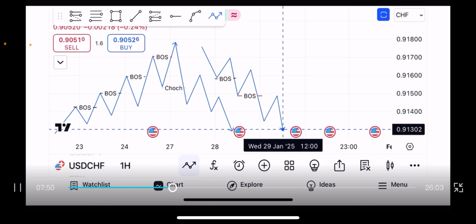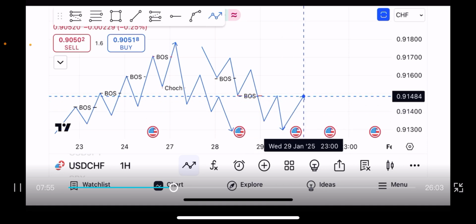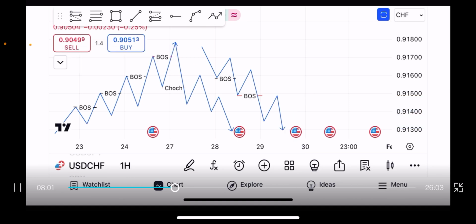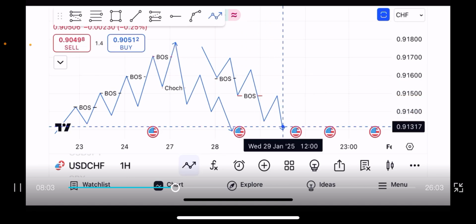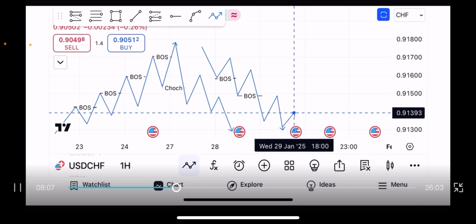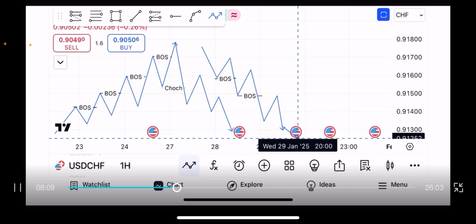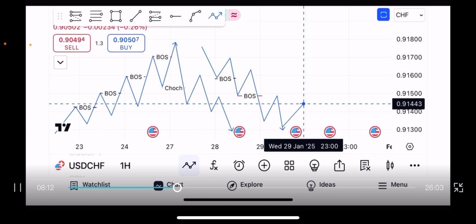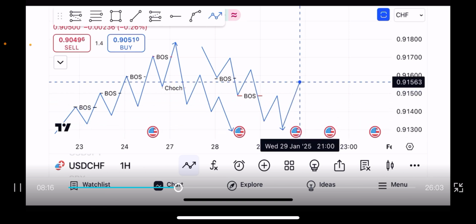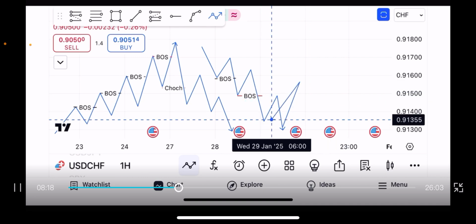Then all of a sudden, instead of having something like a lower high and a lower low, something happened. It did give us what? A change of structure. Now a high that took out the previous low.